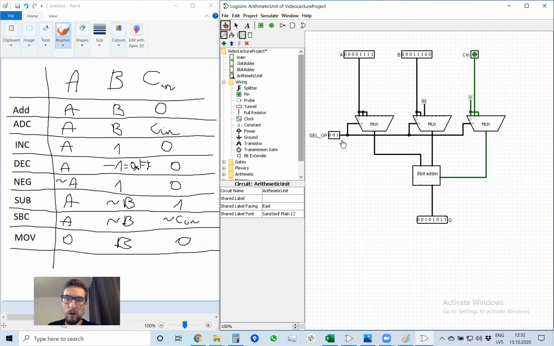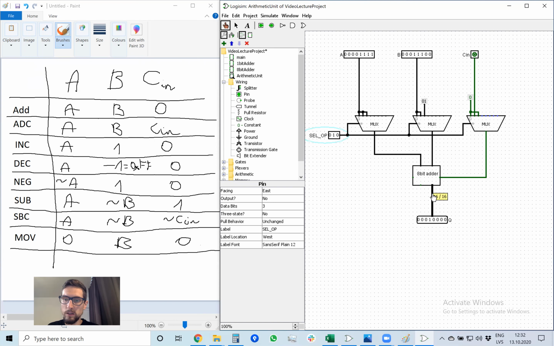So if I select operation number 2, it does the following. It takes A in this third input. Instead of B, it takes 0, 1. And instead of carry in, it takes constant 0. It's forwarded all three values, 15, 1, and 0.